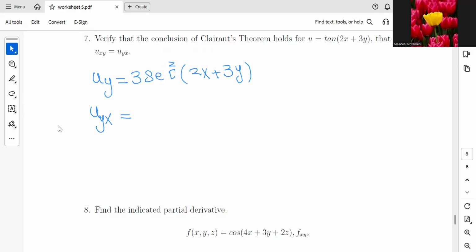So again, we have secant of something squared. We should write the coefficient. We should write the power. And now we should find the derivative of the inside of the box, which is 2.